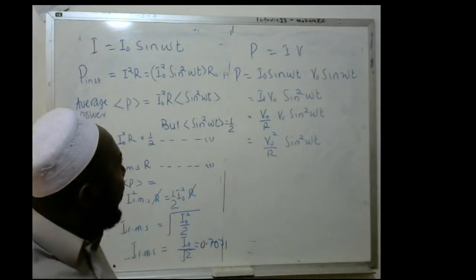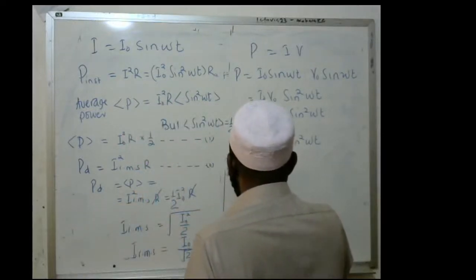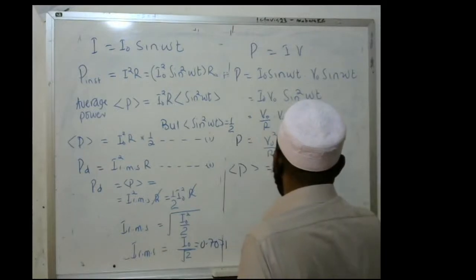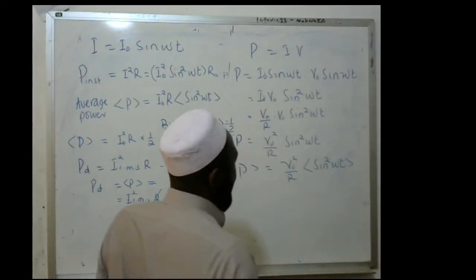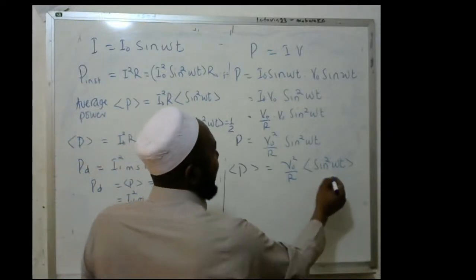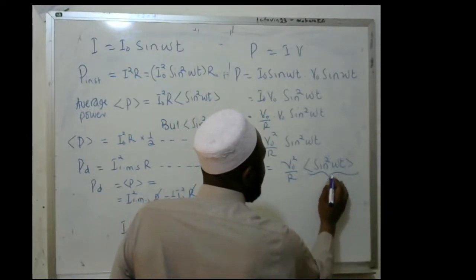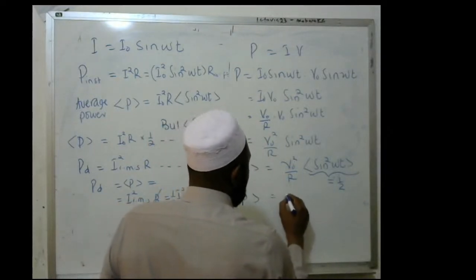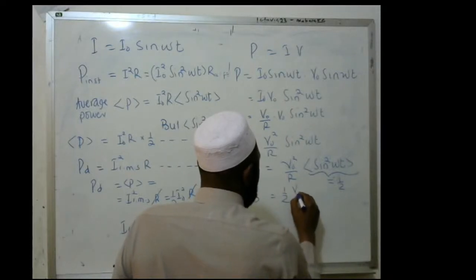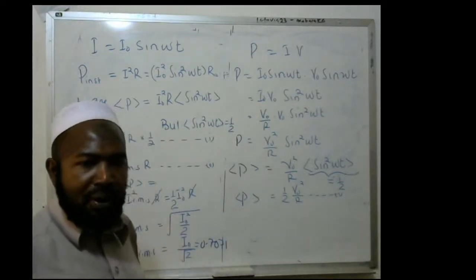Now, that instantaneous power, the average power, is going to be equal to V naught squared over R times the average of sine squared omega t, but the average of that is equal to a half. So we substitute here, and this is going to be equal to a half V naught squared over R. That is going to be the expression for the average power.